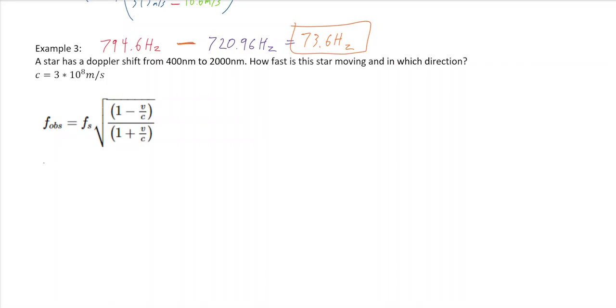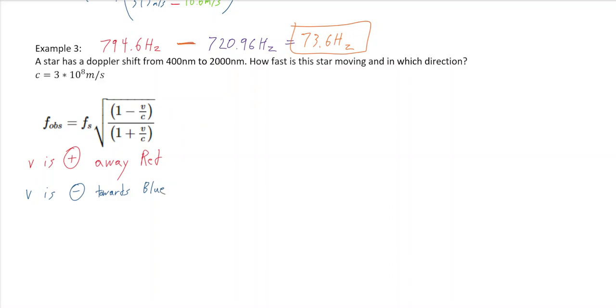Now, in this question, V is positive when things are moving away, okay, which means that we're red shifting. V is negative when things are moving towards an observer, which means that you're blue shifting.